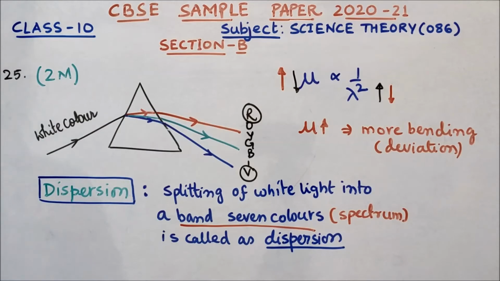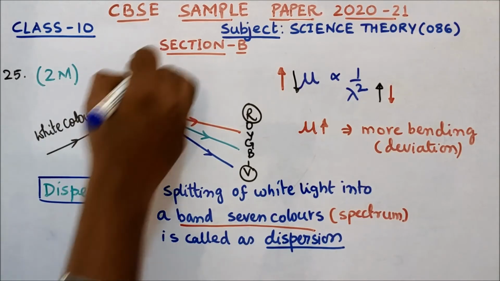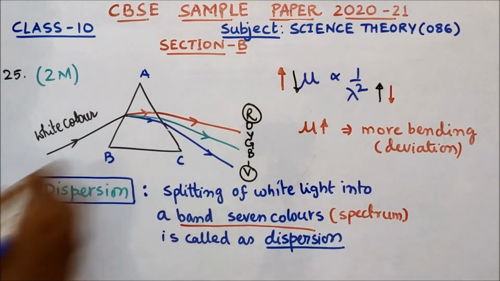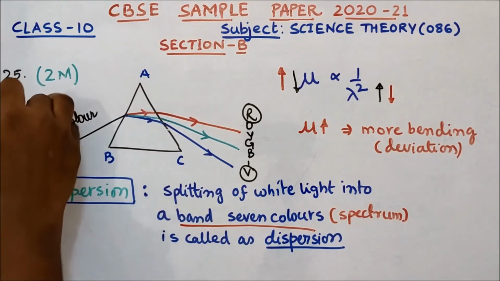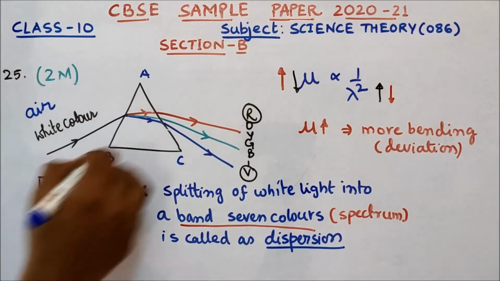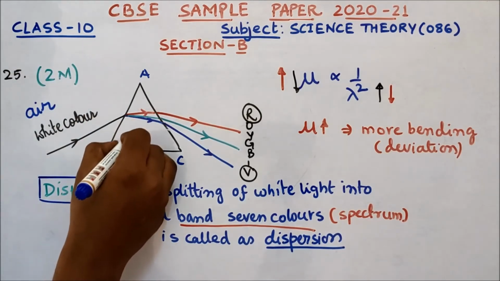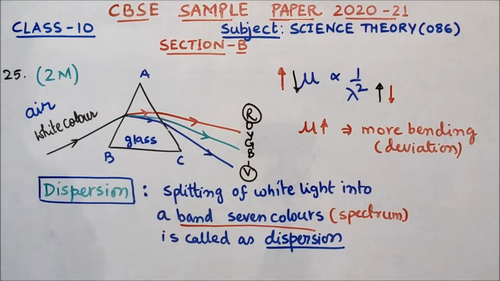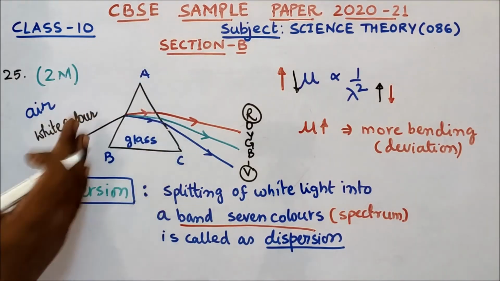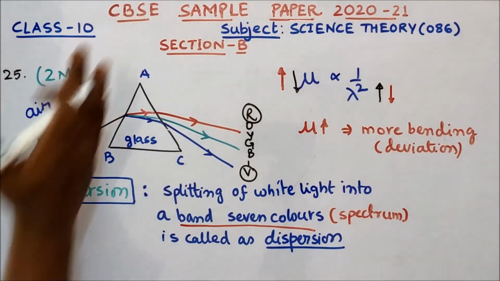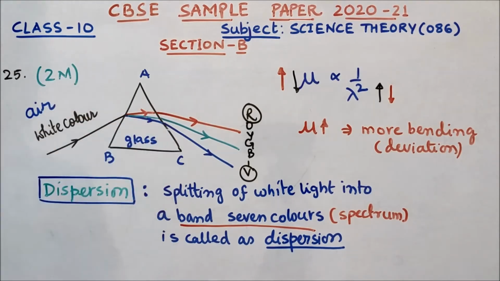Like here, let me write the names of the vertices of the prism, A, B, C. The outside medium is air, and the medium inside is glass. So the surface AB is the boundary between air and glass.